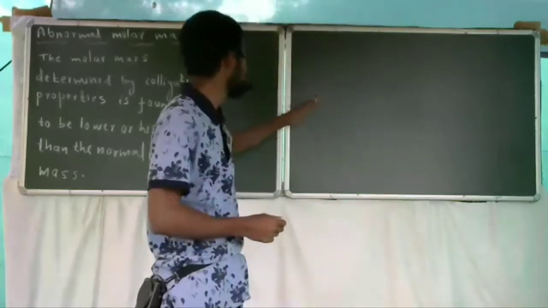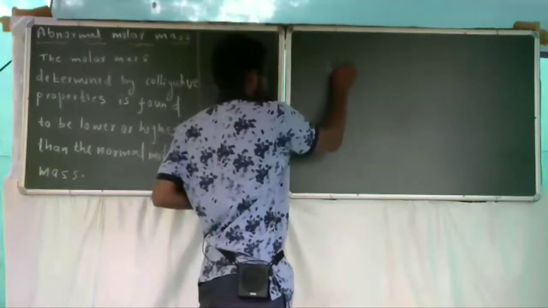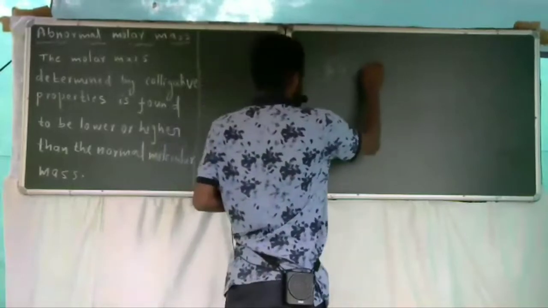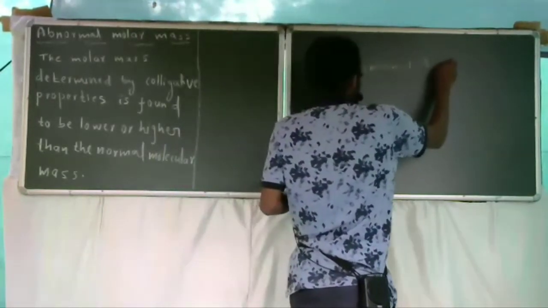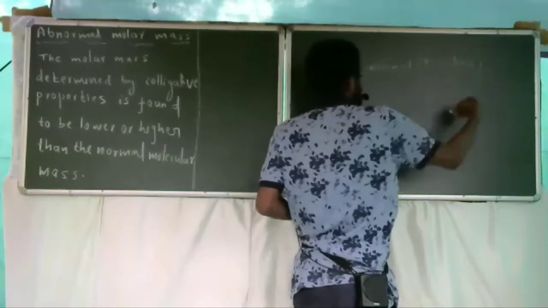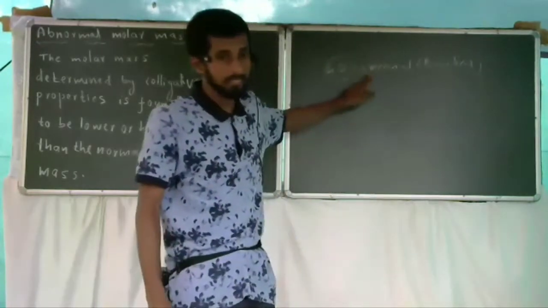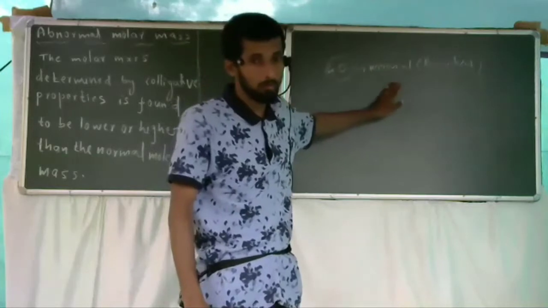Clear? Suppose, for example, the theoretical molar mass of the solid substance is 40. Normal is nothing but theoretical. That is the normal molar mass.